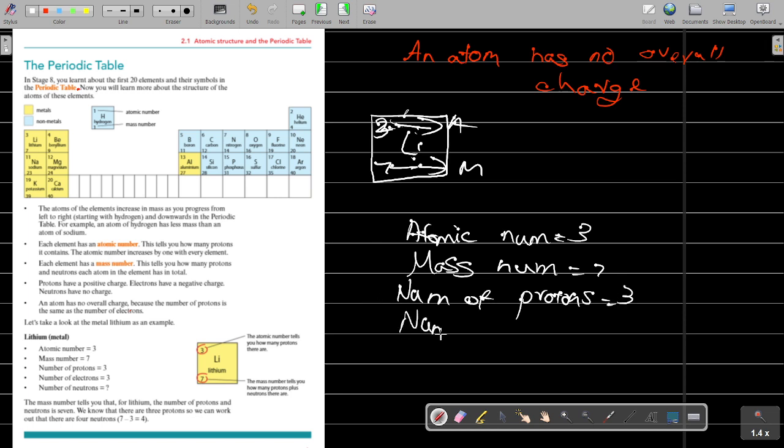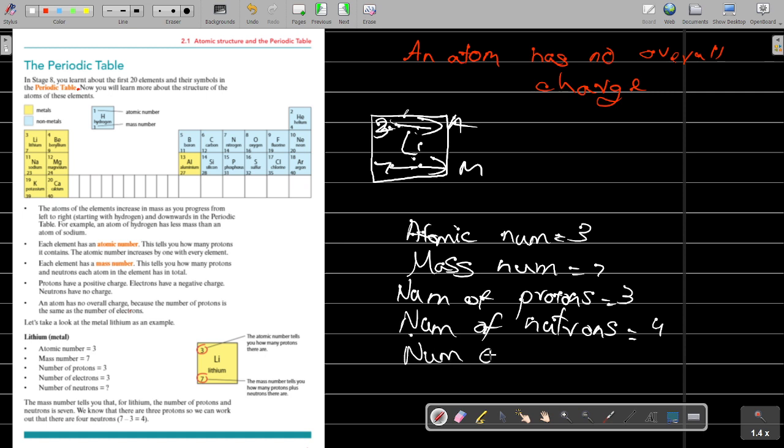Number of neutrons is equal to 4. That's how: 7 minus 3, which is mass number minus atomic number, is 4.